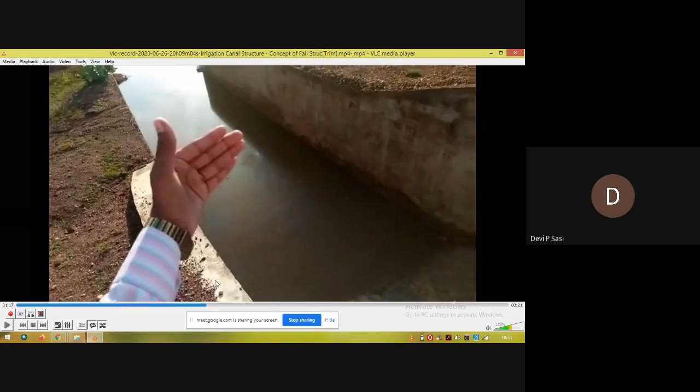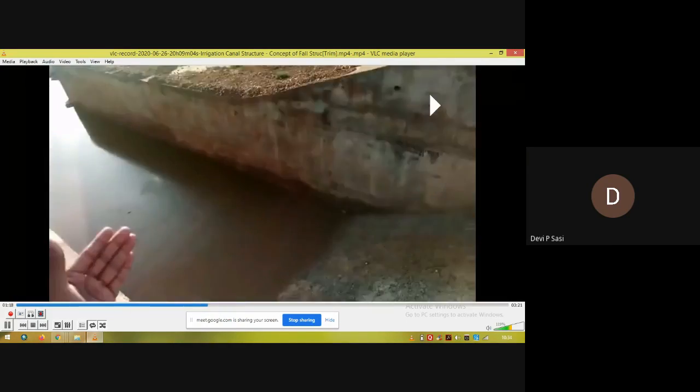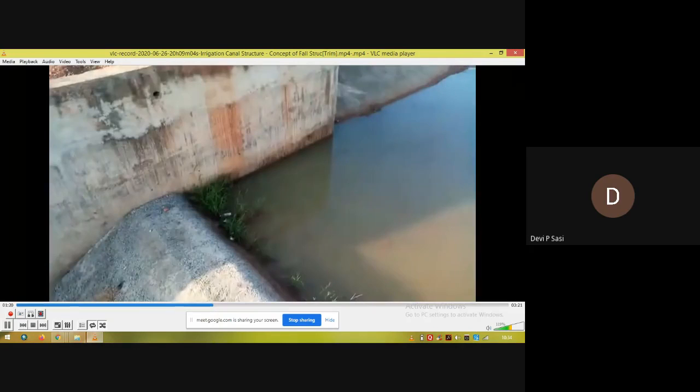So at these regions, we can also provide steps. That is what is shown in your plan. In the plan, you can see some steps there.